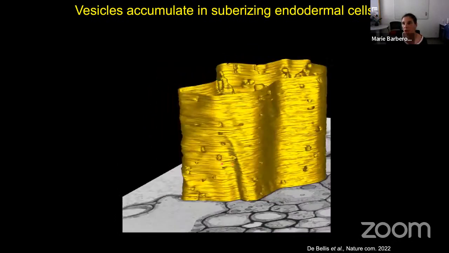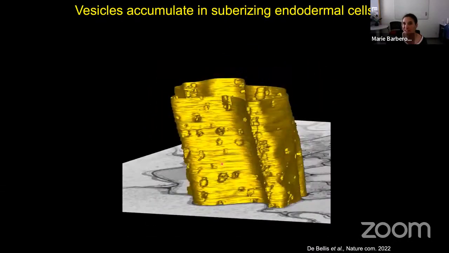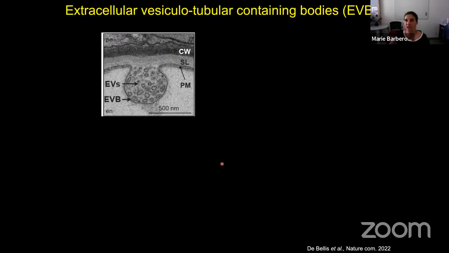So later we wondered, of course, what these vesicles are. When we look at them in 2 dimensions, we can see that they are clearly directly attached to the plasma membrane, so there is clearly a fusion with the plasma membrane. They are in front of the suberin lamella being deposited, but they are also constituted of internal, maybe vesicles inside.